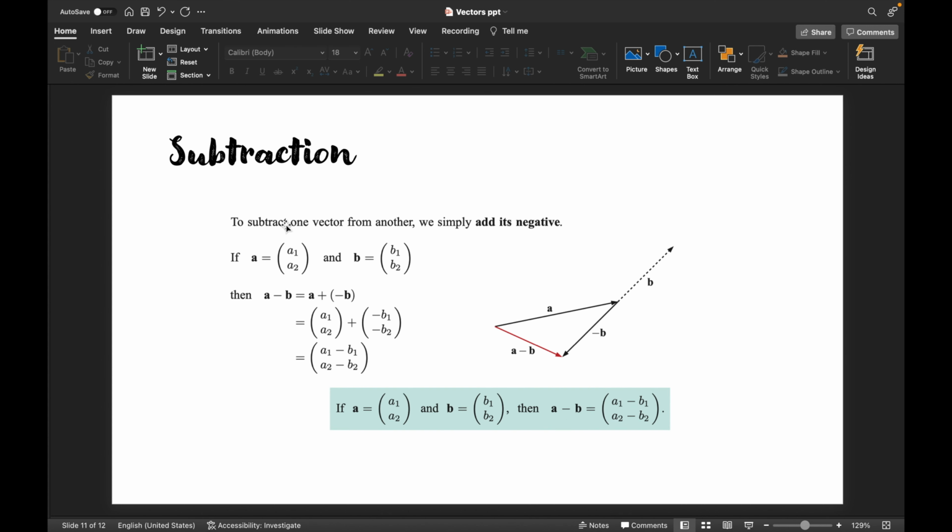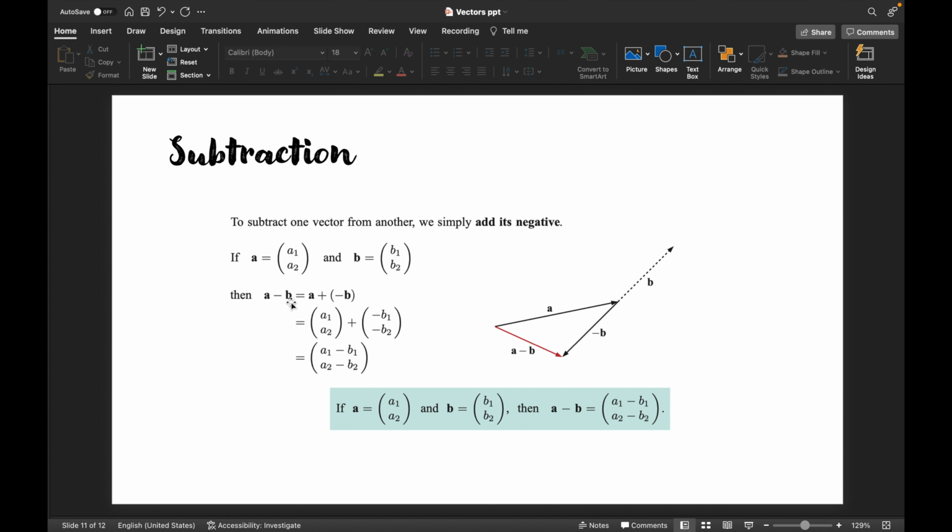And subtraction. So to subtract one vector from another, you just have to add its negative. So if we have vectors C and D, and we have to do C minus D, we just have to find the opposite of D, or the negative vector of D, and then add that to C. And that's what they have written over here.